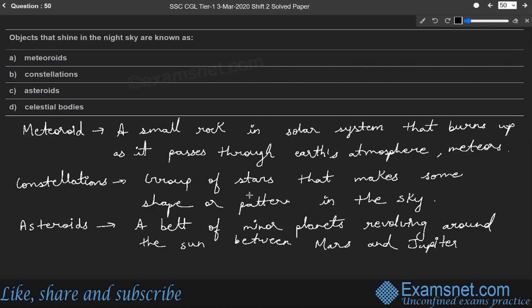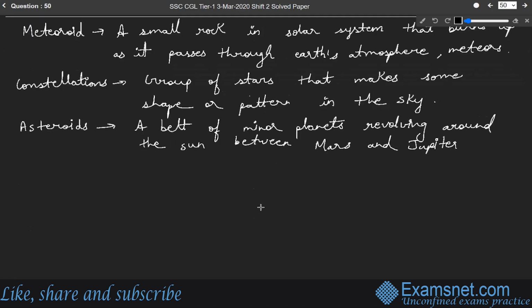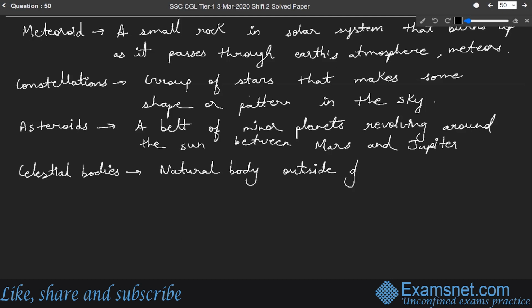Fourth is celestial bodies. In simple words, a celestial body is any natural body outside of the Earth's surface or atmosphere.